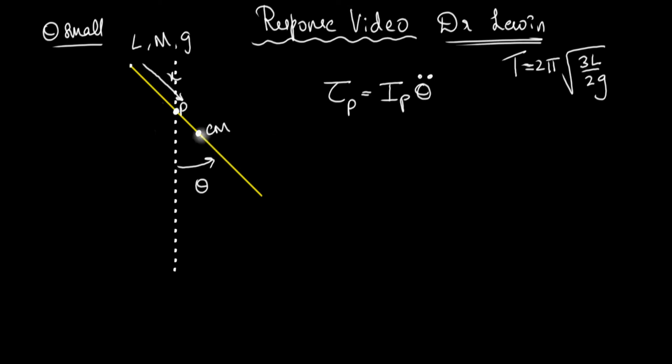The torque is caused by the gravitational force mg, and the torque due to that is going to be mg times this distance. I have to calculate what this distance is, and that distance is just the horizontal component, which is L/2 minus x.